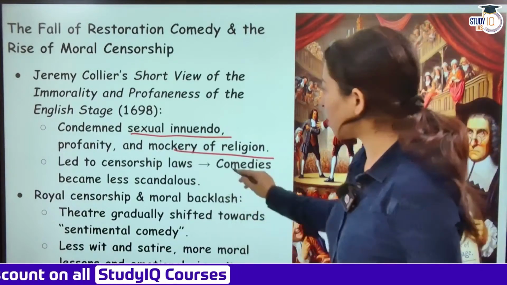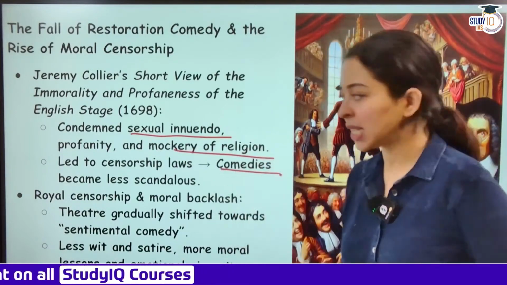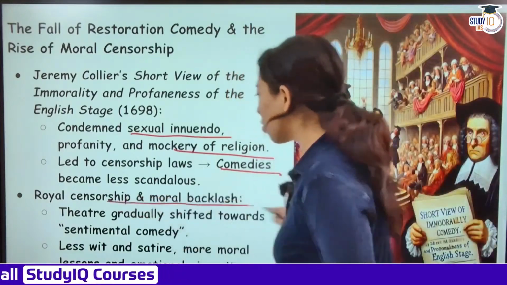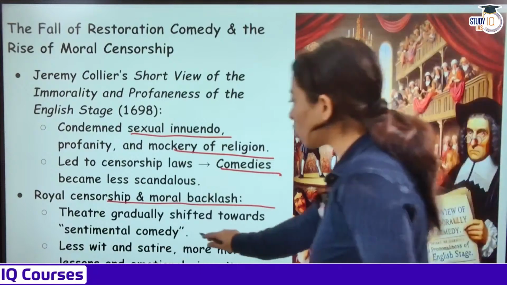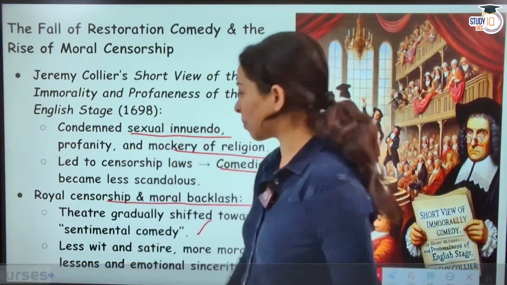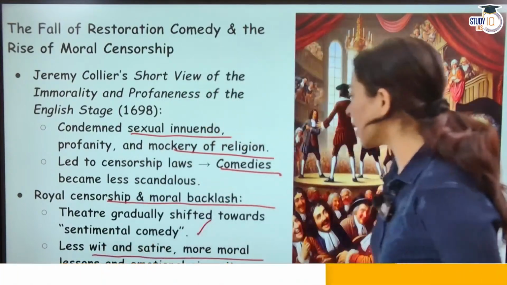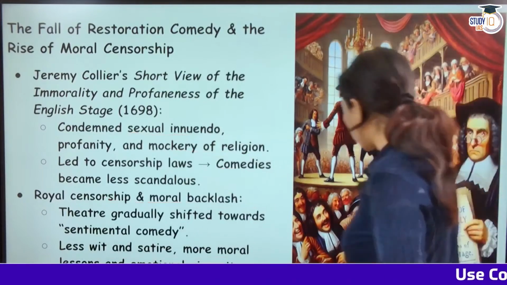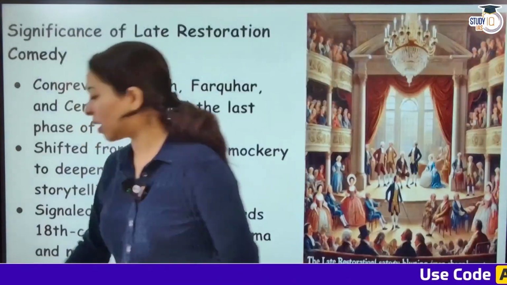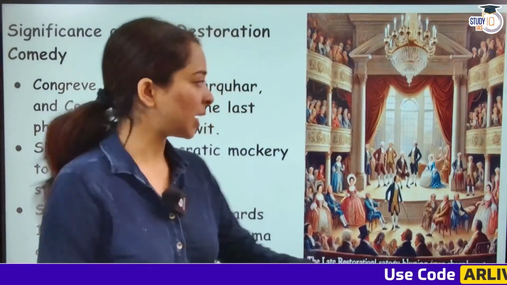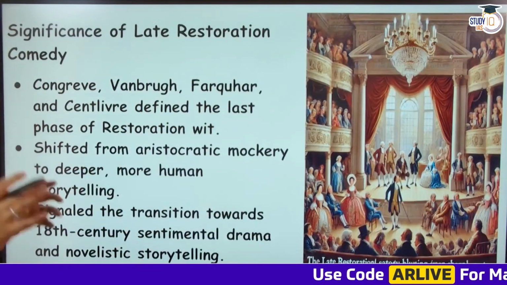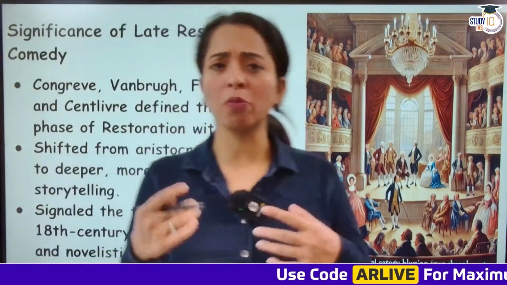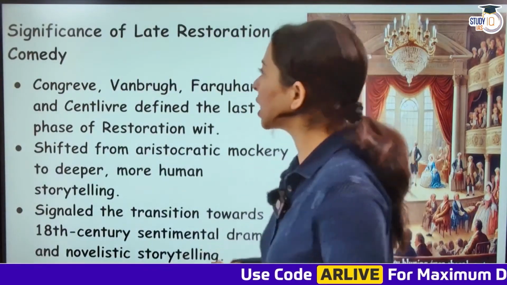This led to censorship laws, comedies became less scandalous, and there was royal censorship and moral backlash. Theatre gradually shifted towards sentimental comedy, which we'll see soon, with less wit and satire and more moral lessons. Because of Jeremy Collier sentimental comedy came in, as the comedy of manners that was so explicit started becoming more implicit.